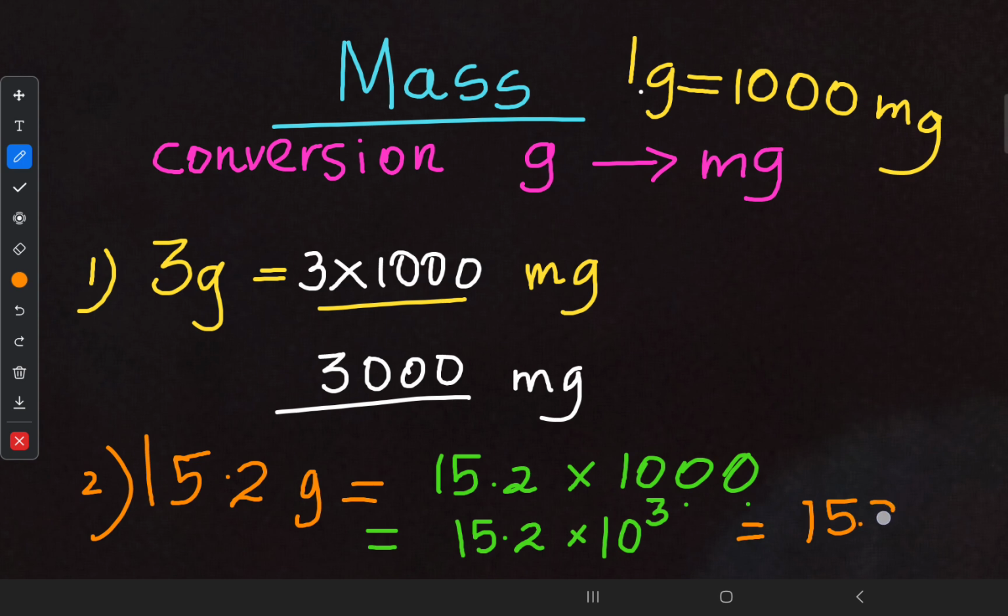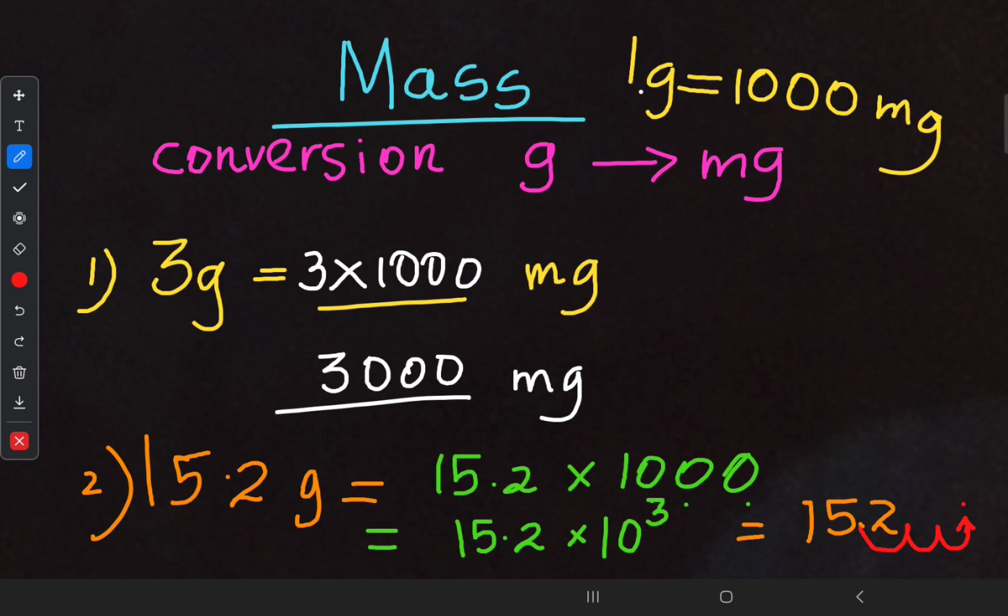Our decimal is already appearing here. We have to move our decimal 3 digits rightwards: 1, 2, 3. But in between we only have some spaces, with no digits.